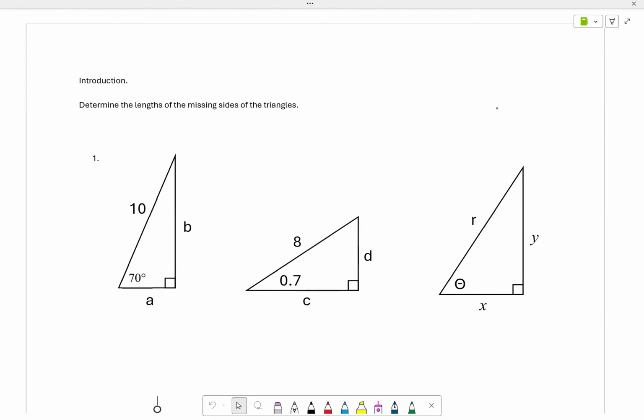It's cosine, so you know. 10 times about 3.